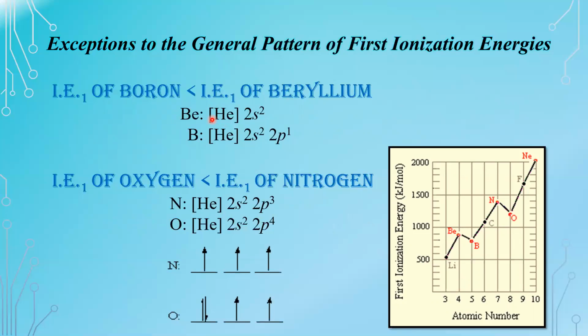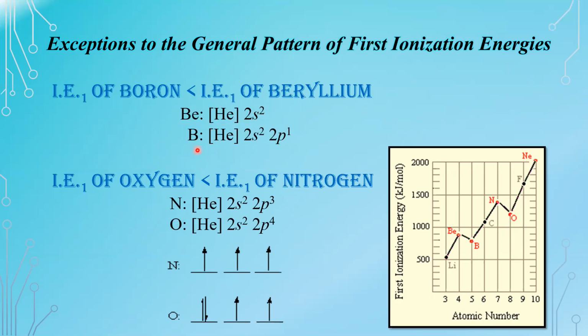As we have seen in the previous slide about fully filled and half filled orbitals, in the screening effect, the screening effect acts here. The electronic configuration of beryllium is helium core 2s2. We know the maximum number of electrons that can be accommodated in an s orbital is 2, so the s orbital is completely filled.